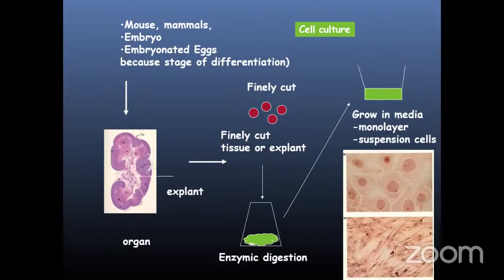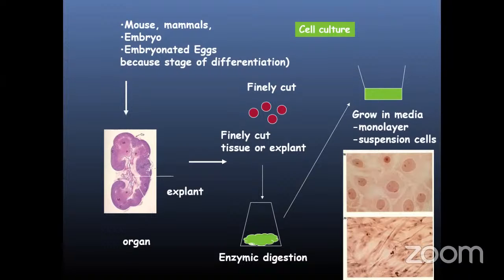That kind of cells grow in suspension. Suspension means they will be floating, moving here and there. And not only cancer cells, our blood cells too. Blood cells don't form a layer, right? In the blood, they are freely floating here and there. Such kinds of cells we have to culture in suspension.